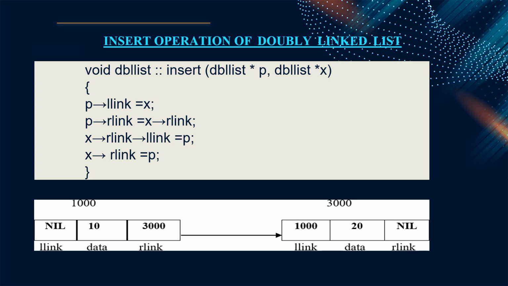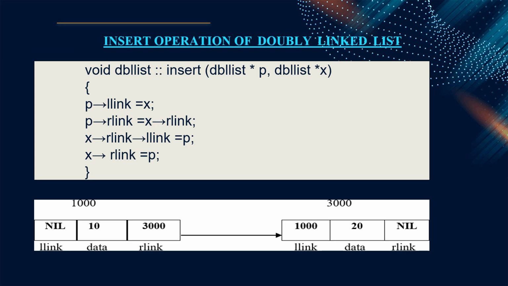First, the left link of node P is set to point to the node X. Then the right link of P is updated to link to the node that follows X. Next, the node after X is updated to point back to P as its previous node.